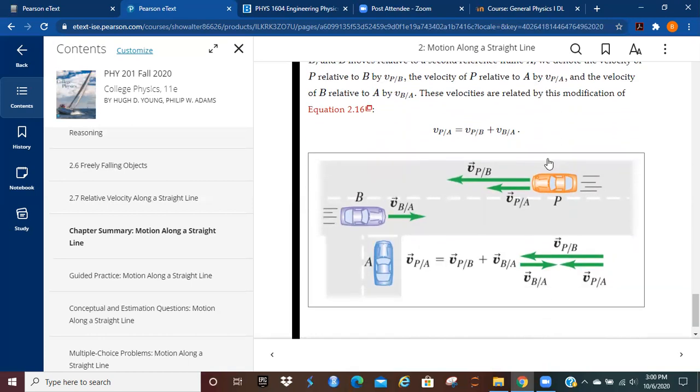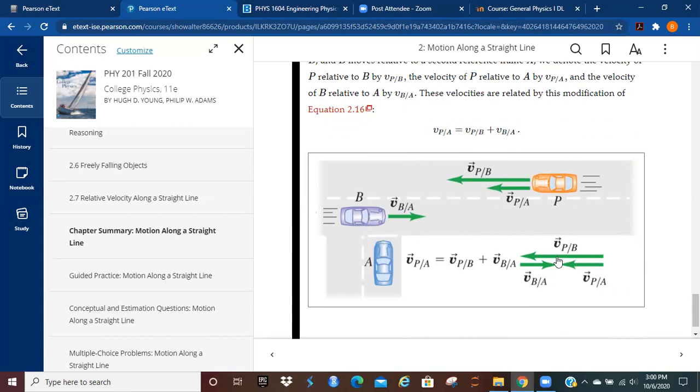Putting all of this together, you're going to have the velocity of P with respect to A is going to be the velocity of P with respect to B plus the velocity of B with respect to A. In other words, how this moves relative to this is going to be the same as how this moves relative to that, and then how this is moving relative to this.